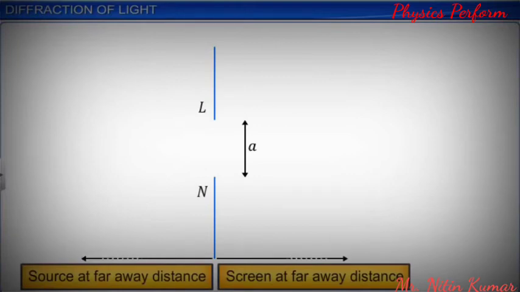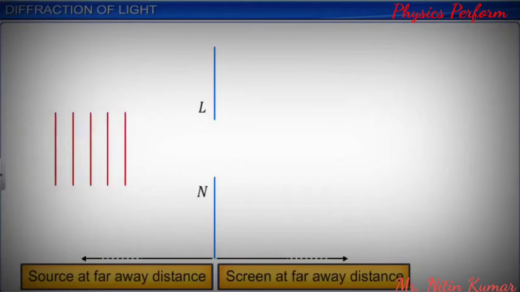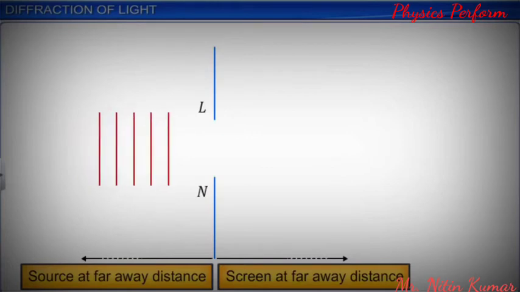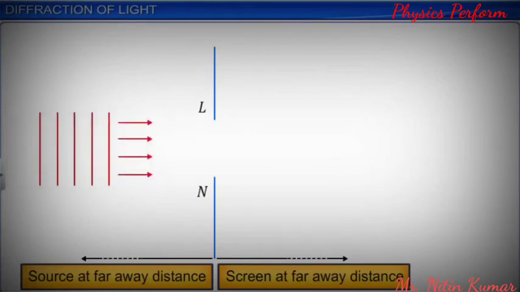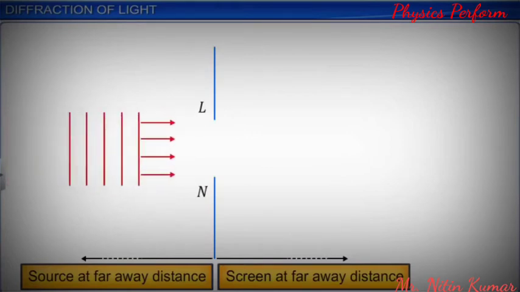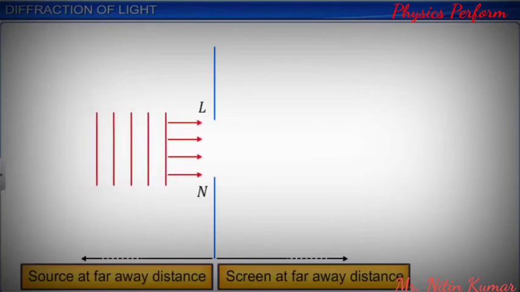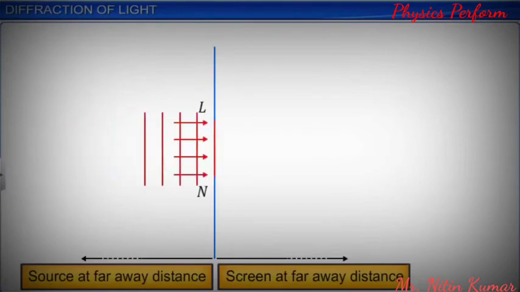If the source is at a faraway distance, we can regard the incident light as plane wavefronts, or alternatively, the incident rays are parallel. When a plane wavefront is incident on the slit, all the points of the plane wavefront are in phase.